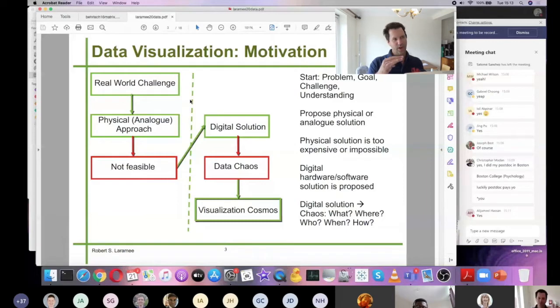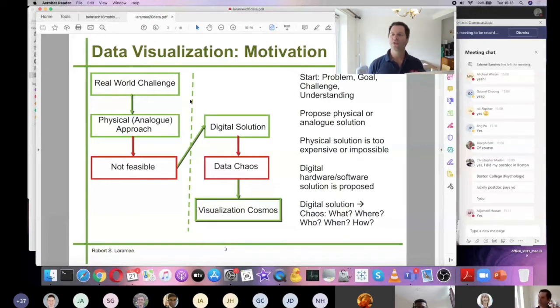So it starts with a real-world challenge. There are physical solutions and approaches to real-world challenges. A lot of them are not feasible. So what do we do? We jump across this dashed line. That dashed line represents the transition from the physical world into the digital world.